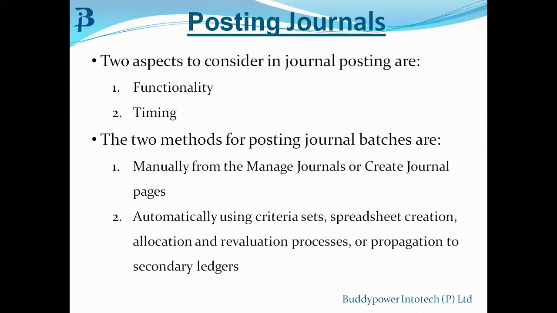Otherwise, in a real-time scenario, people usually opt for automatic posting, wherein you use your spreadsheets, or you give a criteria set for your revaluation process through secondary journals or sub ledgers. That automatically uploads into your system and is pushed to your general ledger. So these are the two methods for posting your journal batches or journal entries.